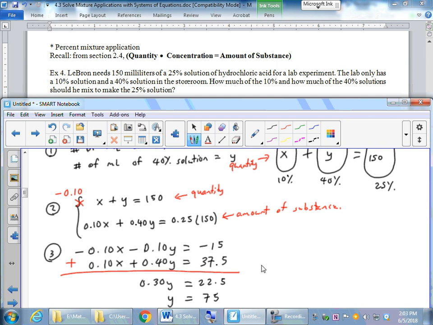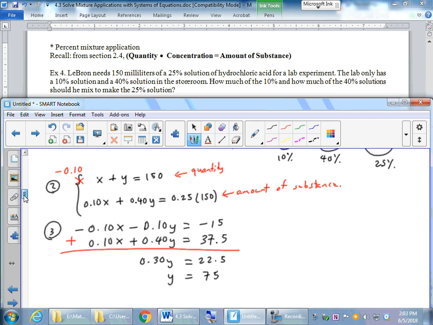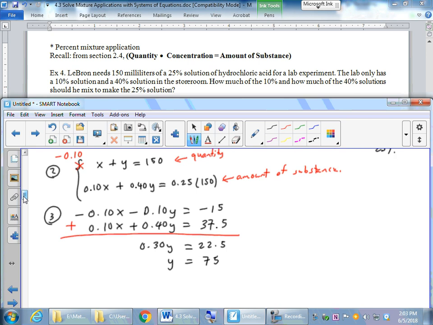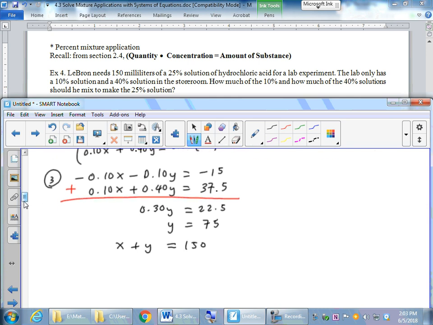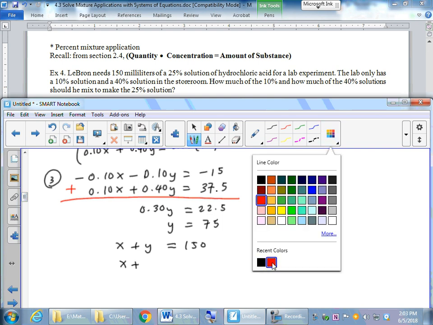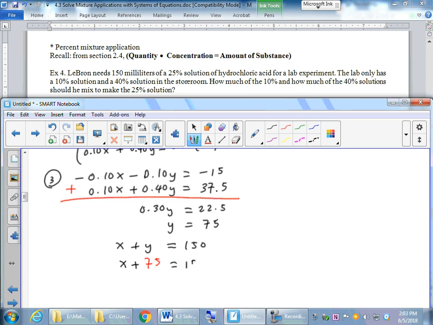So now I know that my variable y is 75. So to find out x, substitute into the first equation. So x plus y is equal to 150, and my y is 75. Okay. So subtracting 75 on both sides, that gives me also 75.